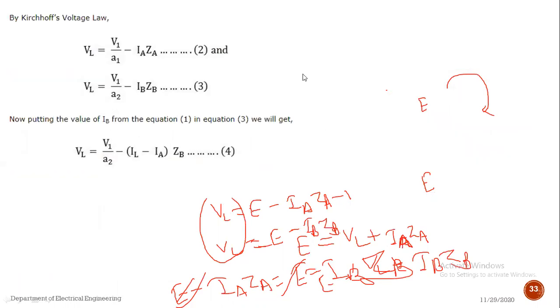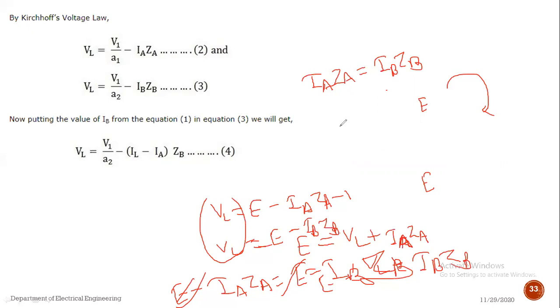So according to this we get one equation, that is IA into ZA equals IB into ZB. Okay, IA into ZA is equal to IB into ZB.